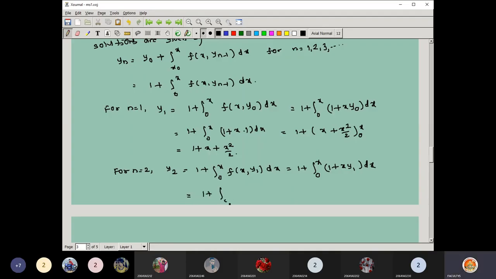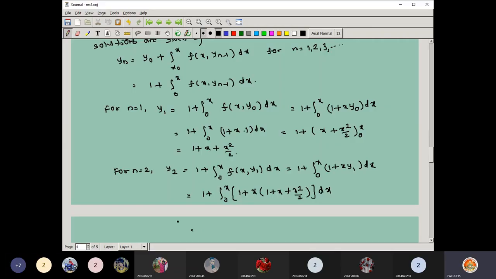So 1 plus integral 0 to x of 1 plus x into y1, which we have already calculated as 1 plus x square by 2. That value I am just substituting there, and it is of dx.